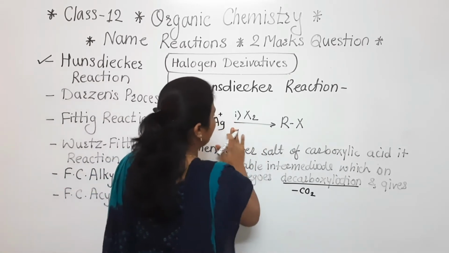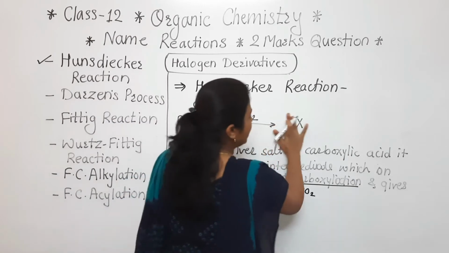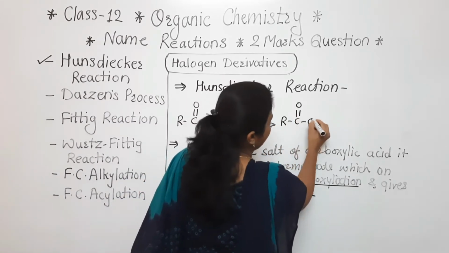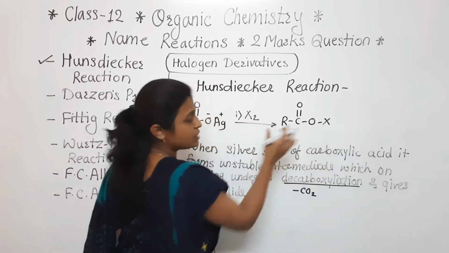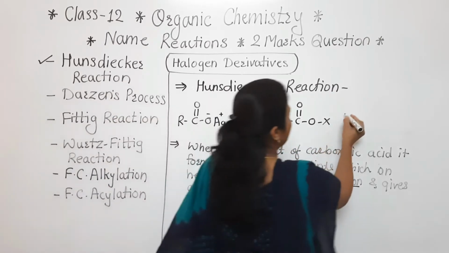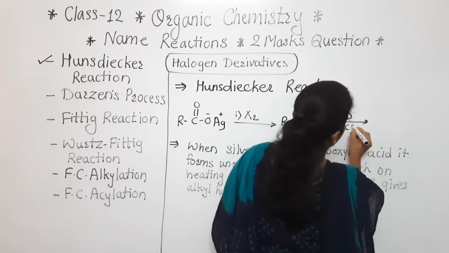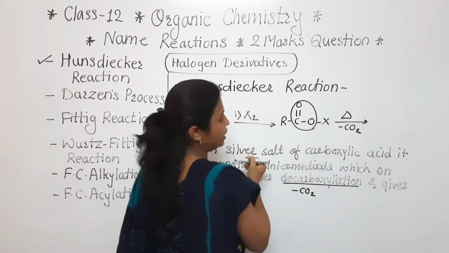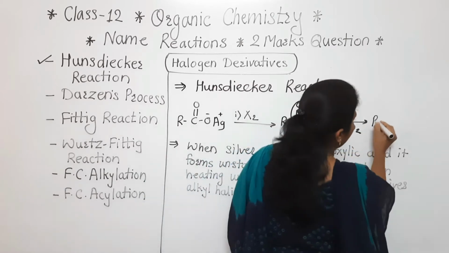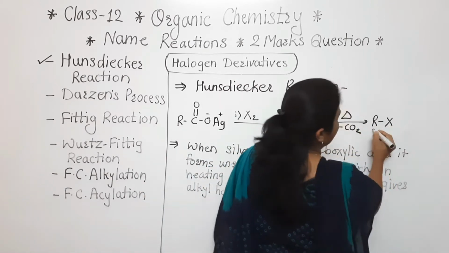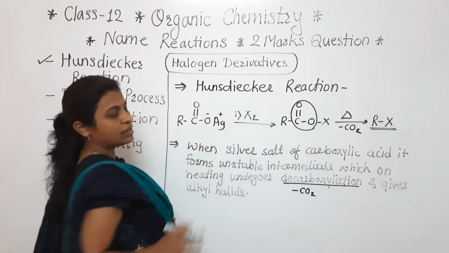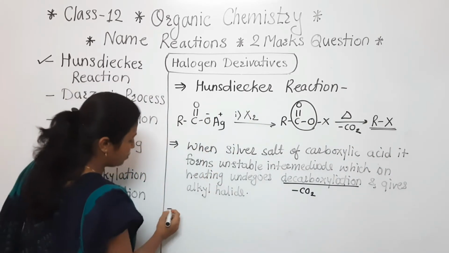In the first step, when it is treated with halogen, it gives an unstable intermediate, and that unstable intermediate is this one. This unstable intermediate, when we are heating, undergoes decarboxylation, and that's why the removal of CO2 will be here, and after that what will remain? That is only RX, and this is the alkyl halide. So this is the Hunsdiecker reaction. We will discuss one example also.